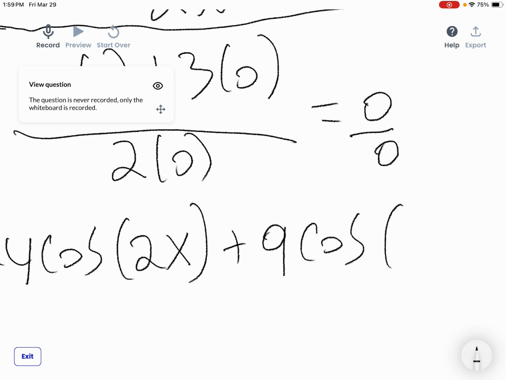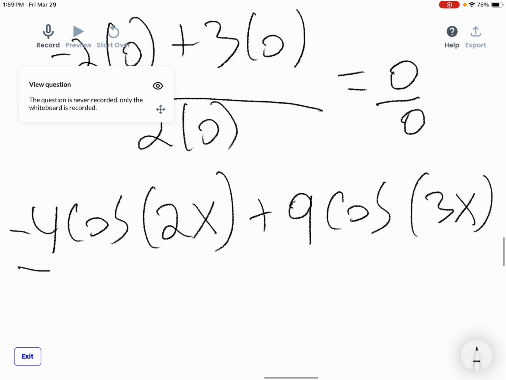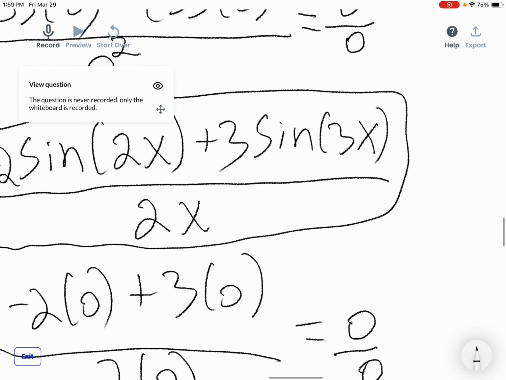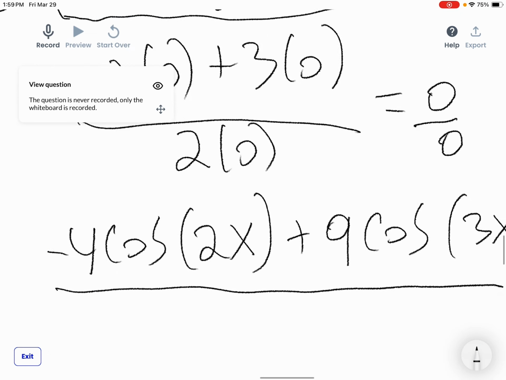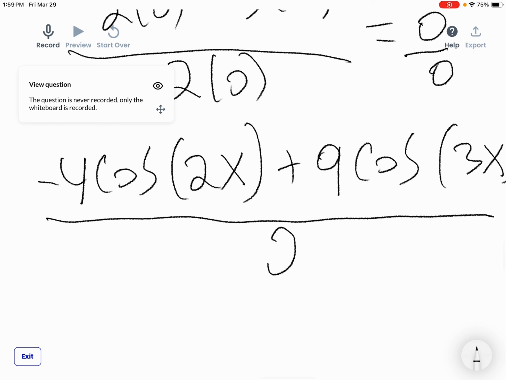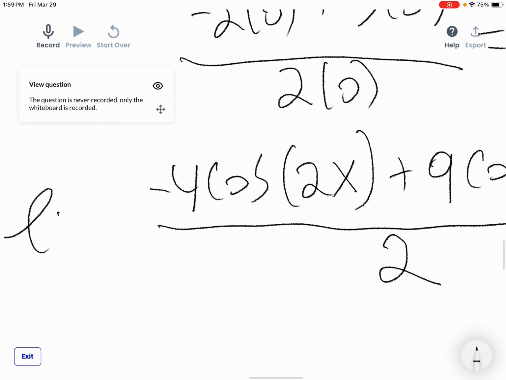And that is all divided by the derivative of the bottom. The derivative of 2x with respect to x is just 2, so this is now divided by 2. And then taking the limit as x approaches 0 again. Now there are no more x's in the bottom.